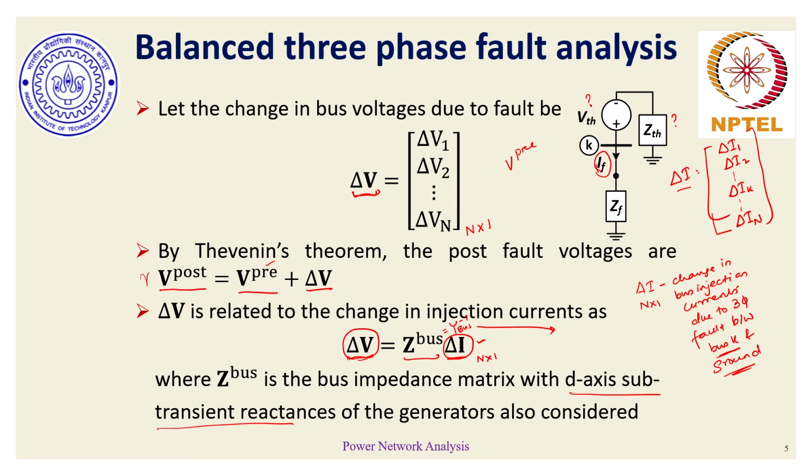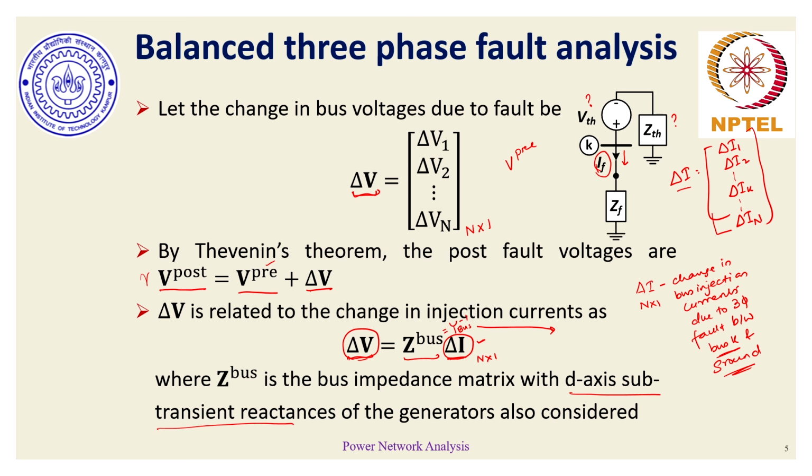Okay, let's see. Delta I1 is the change in current at bus 1 due to the fault between bus K and ground. If the fault has occurred between bus K and ground and a current IF is flowing from bus K to ground, why should current in bus 1 change at all? The scenario has not changed on bus 1 in itself.